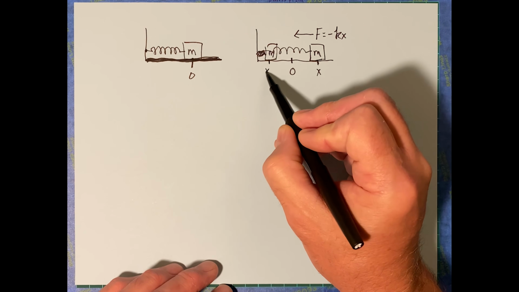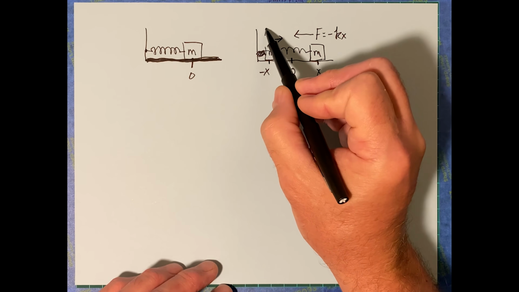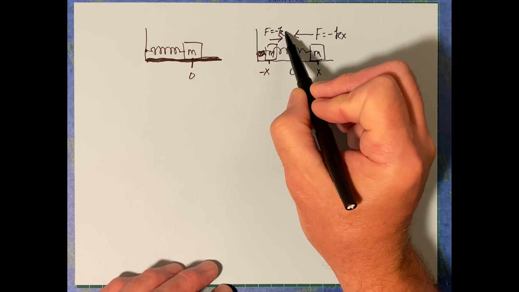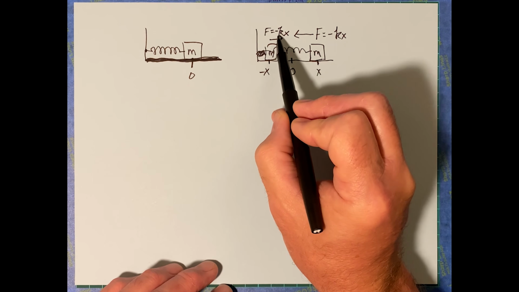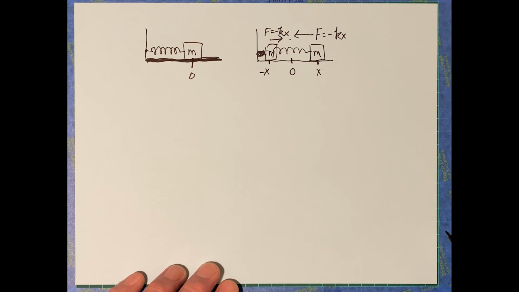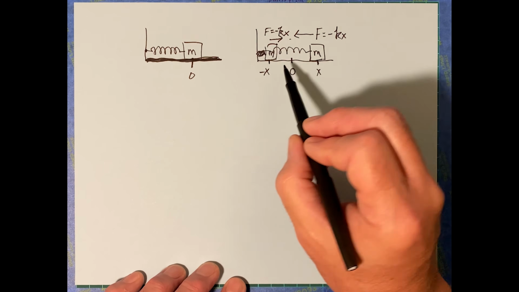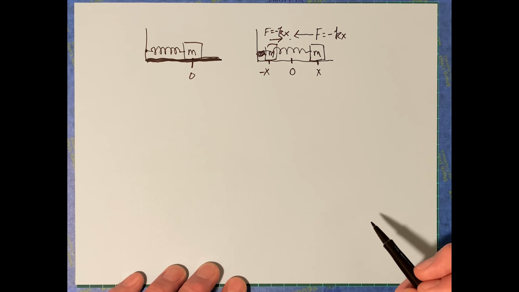Even though X is now negative, there's going to be a force in that direction which is in the opposite direction of X. So that's why it's proportional to X, but it's in the opposite direction of whatever X is. So plug in negative X there and the F is in the positive direction to the right.